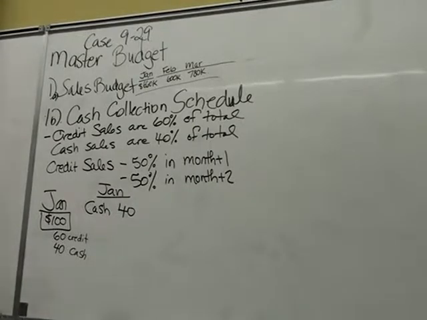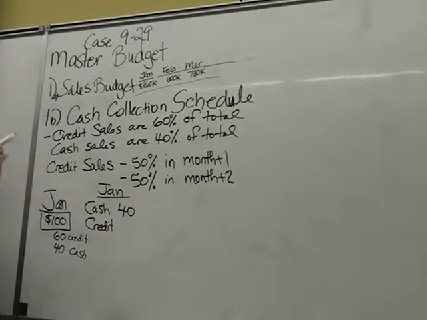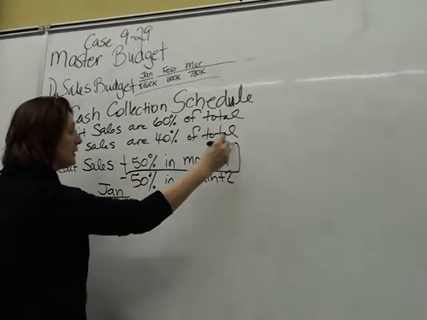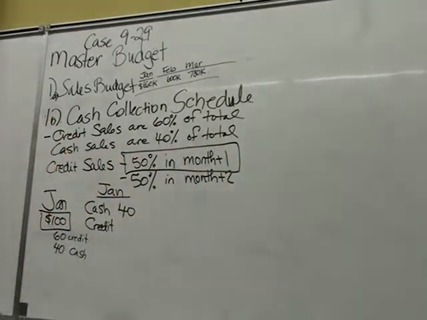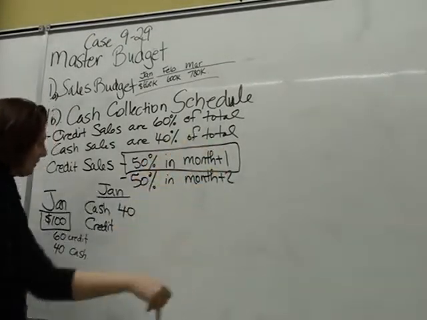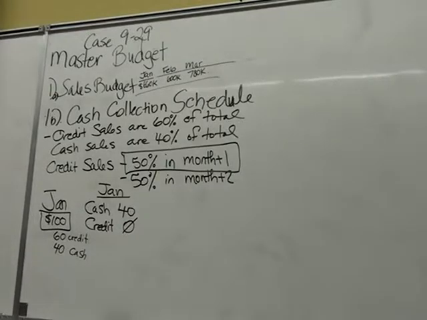And the credit collection is going to be how much? Half of 60? It's actually going to be 0. Month plus 1, it's in the following month. So there are no collections of the credit sale.